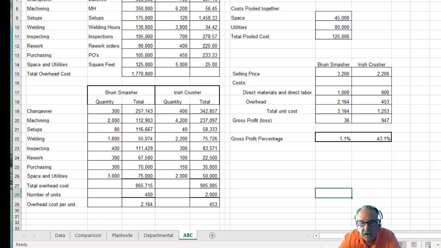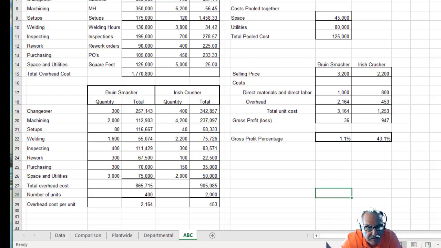And we can see another big amount of cost, overhead cost, has shifted from the Irish Crusher to the Bruin Smasher, which means the Irish Crusher gross profit went up to $947, which is a 43%. So if we use activity-based costing, and the key point here is activity-based costing is more accurate. So what was happening with the plant-wide rate was not correct.